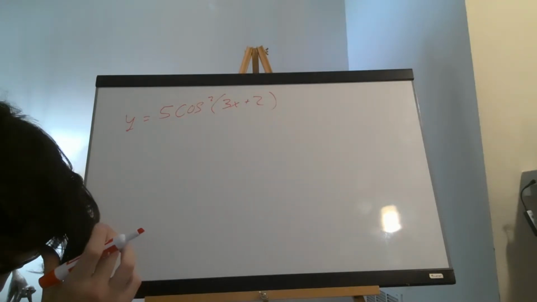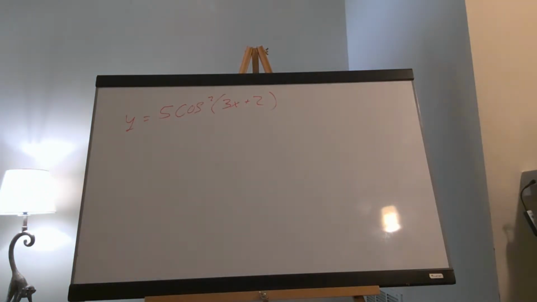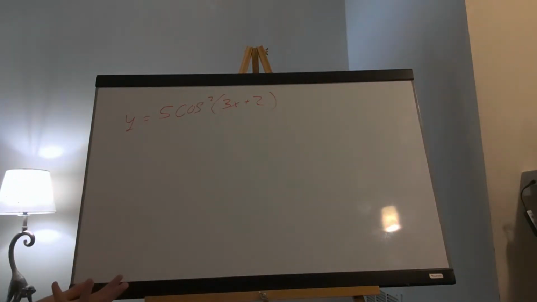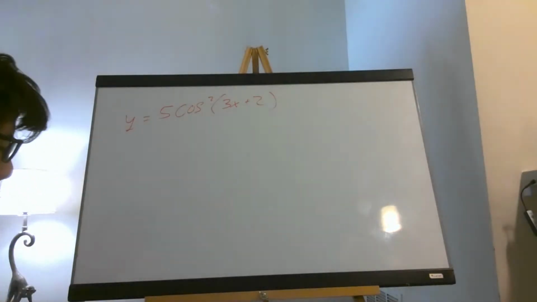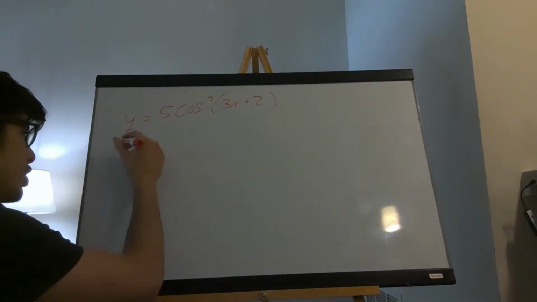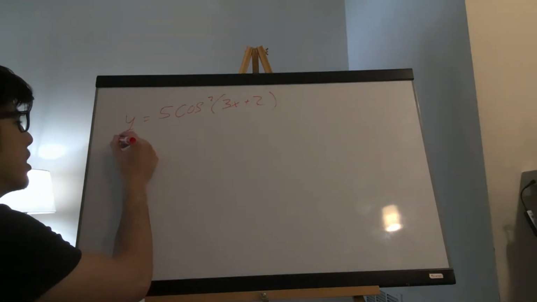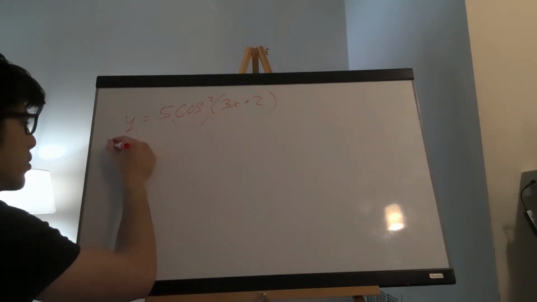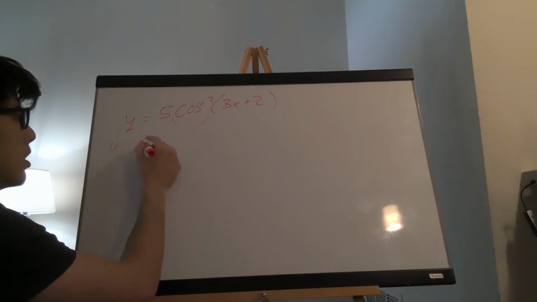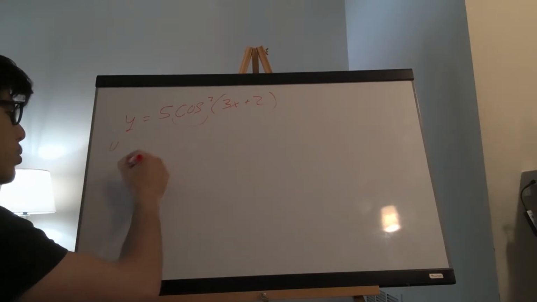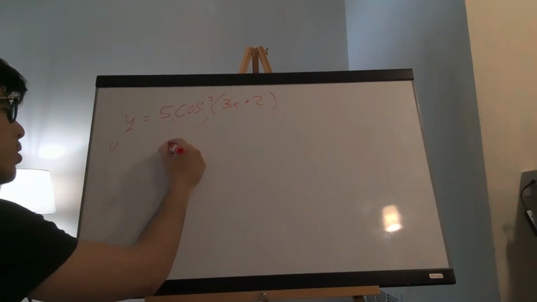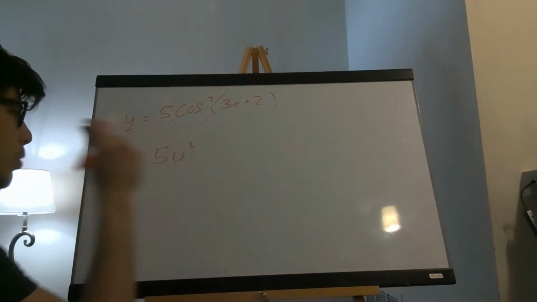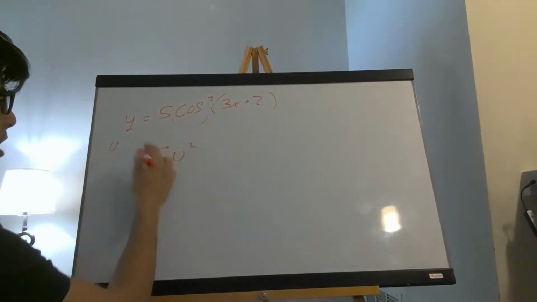Oh man, that's funny. Okay, so here, I'm going to teach you guys what is called the chain rule, but what appears to be a U substitution, apparently. So if we say, we're just going to call this cosine thing U, then we can rewrite this whole expression as 5 times U squared. So this is the outside right here, right?